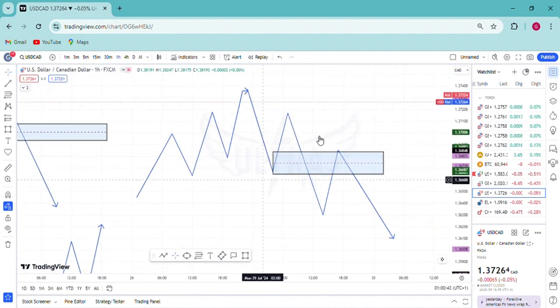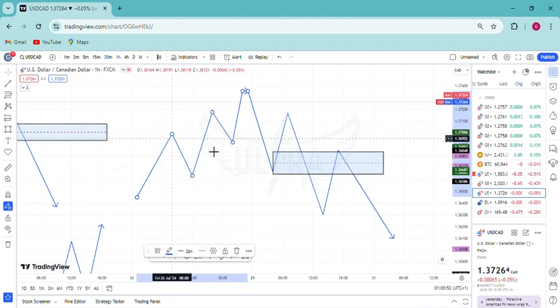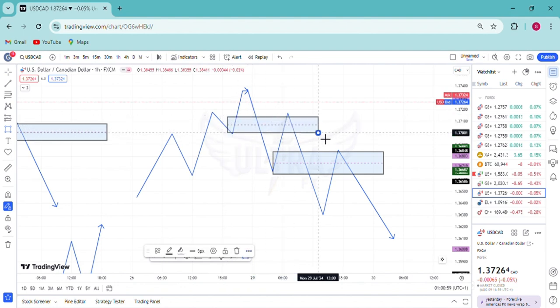You can also find a breaker where there is a mitigation, or you can find a mitigation block where there is a breaker, like this. I moved this because I just want to show you that you can find a breaker. Okay, so this is a breaker block, and market rallied down, created what?